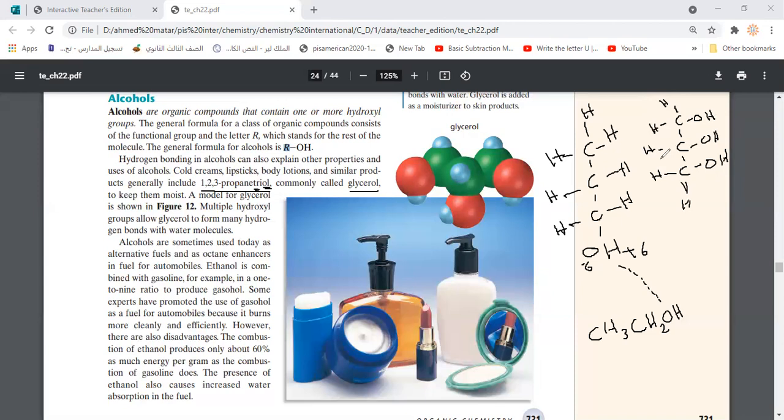Alcohols also have a lot of uses besides cosmetics. Nowadays they are considered an alternative fuel.